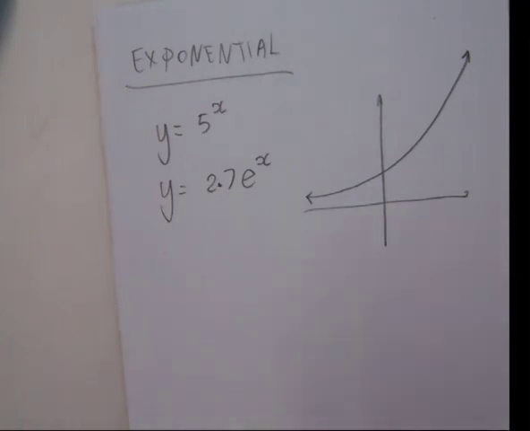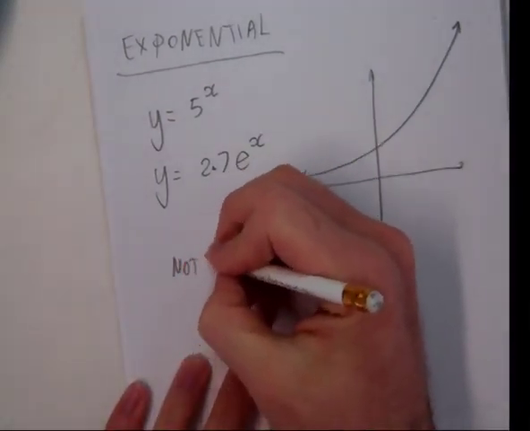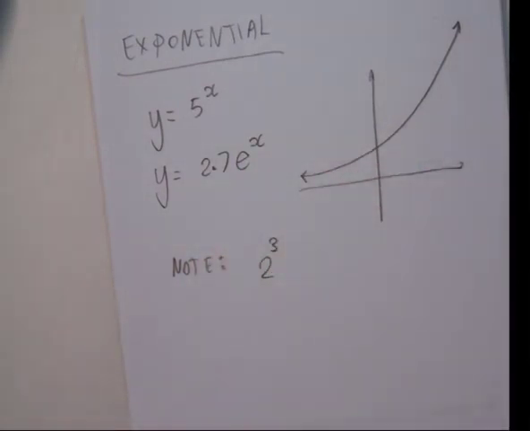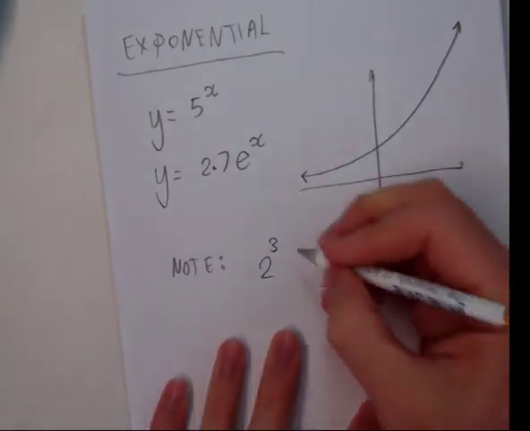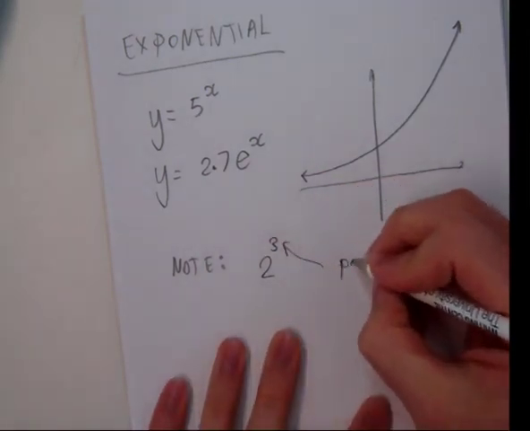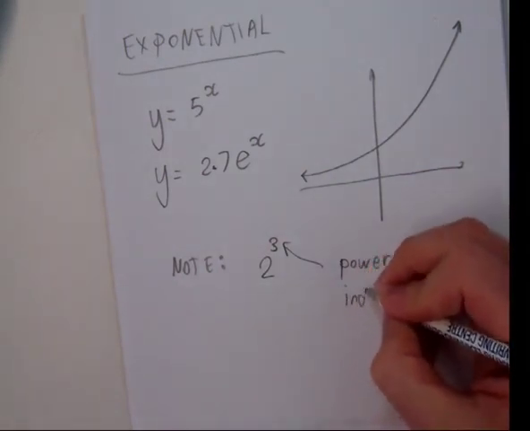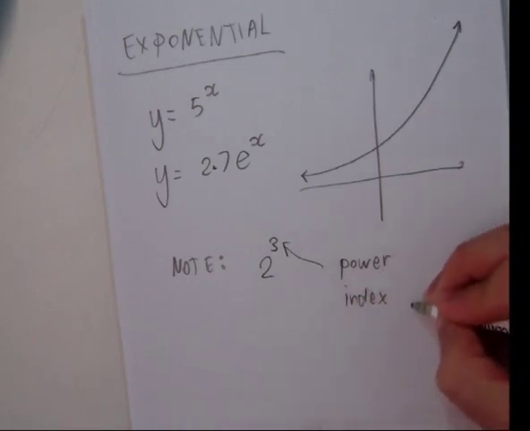So just a note for the way people talk about these things. When I write 2 to the power of 3, this is sometimes called the power. Sometimes it's called an index, and the plural of index is indices.